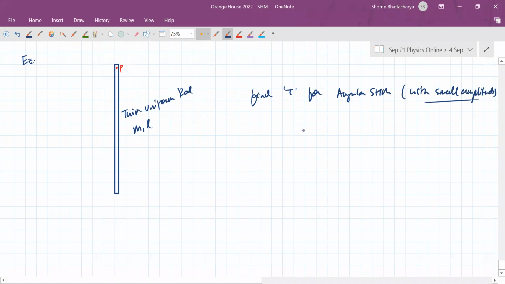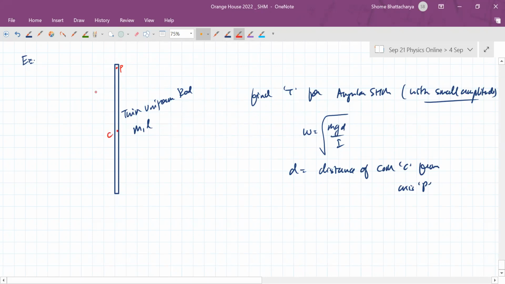So we know that omega is going to be square root of mgd divided by I, where d is the distance of the center of mass C from the axis, which is P. So in this case, the center of mass is at a distance L by 2. Okay. And I is the moment of inertia about the axis at P. So in this case, d is L by 2 and I will be ml square by 3.